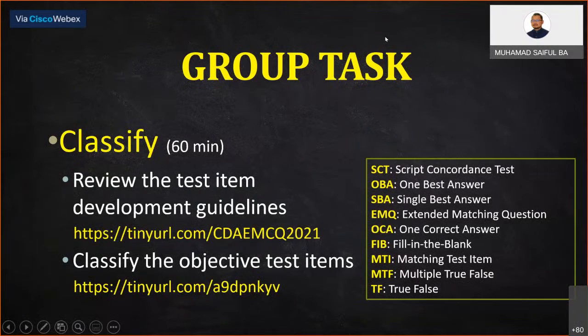Now, because we have 10 questions and we have 10 groups, maybe we follow the order. Group 1 will give your opinion on the classification of number 1, group 2 number 2, and so on according to the group number. Is that okay?